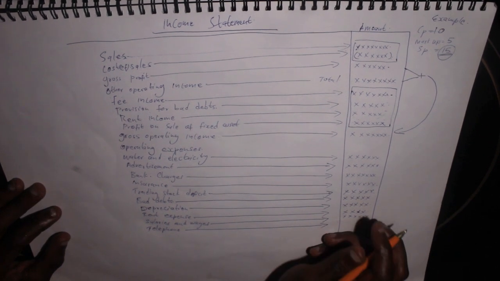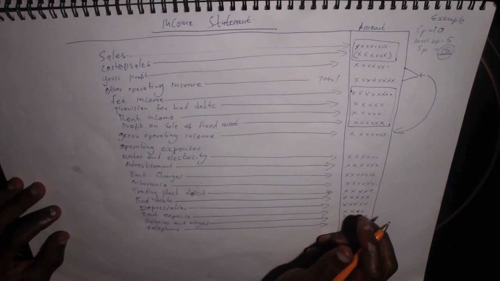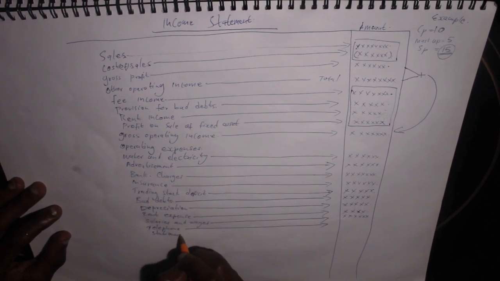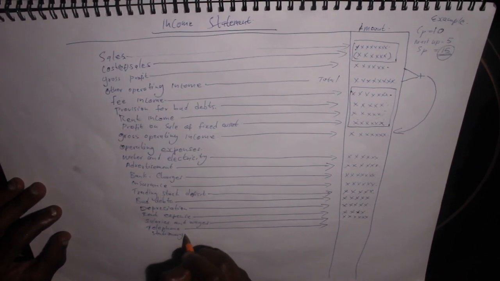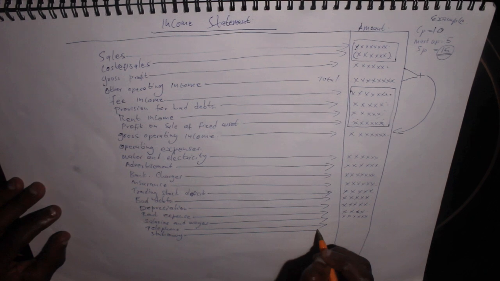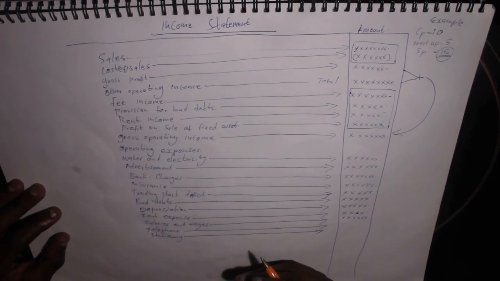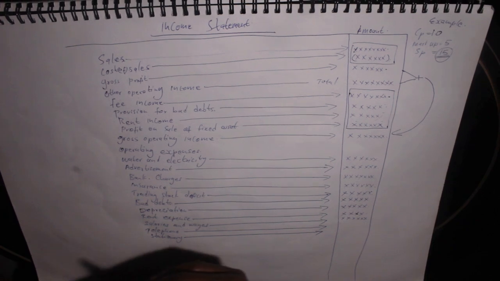We are paying telephone, printing and stationery. Also, this forms part of our expenses. So there are a lot of expenses that I can mention. But for now, let me just end there.